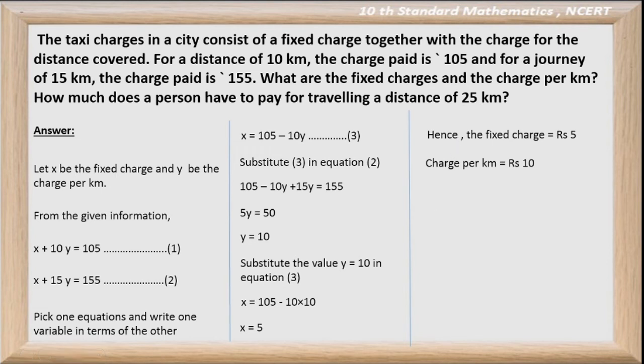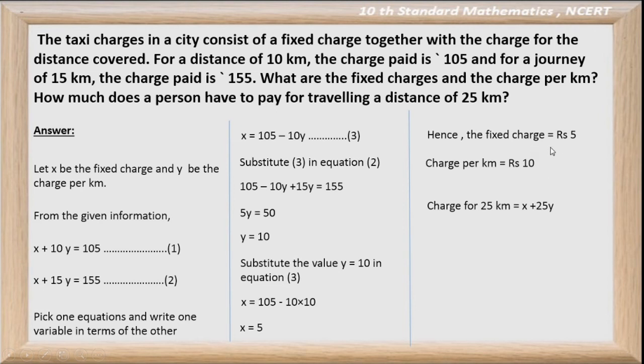They are charging fixed charge together with the charge of distance covered. So fixed charge is what? X. So X plus how much distance they are traveling? 25 kilometer. Then charge per kilometer is Y. So X plus 25Y. See here, charge for 25 kilometer equal X plus 25Y. Now what is the value for X?